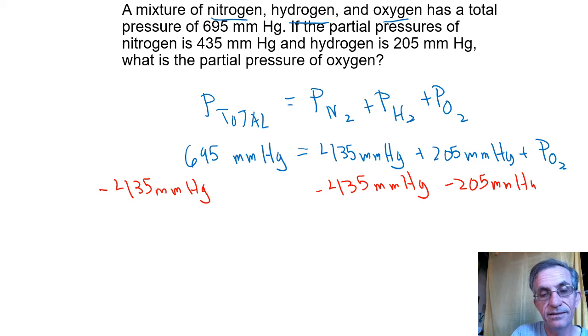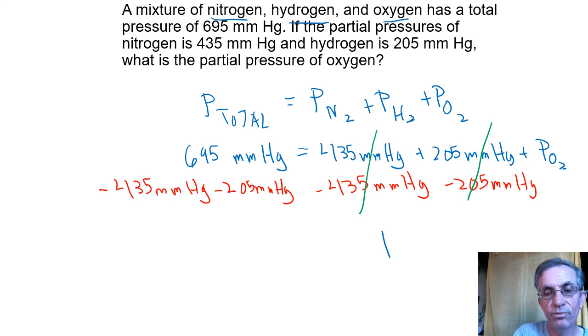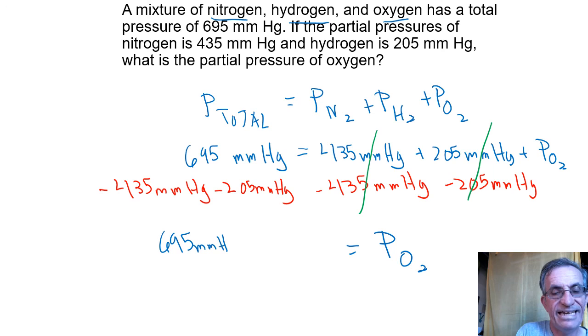Do it on the right, you got to do it on the left. So these numbers are going to cancel, and we'll be left with this. The pressure of oxygen equals 695 minus 435 minus 205.